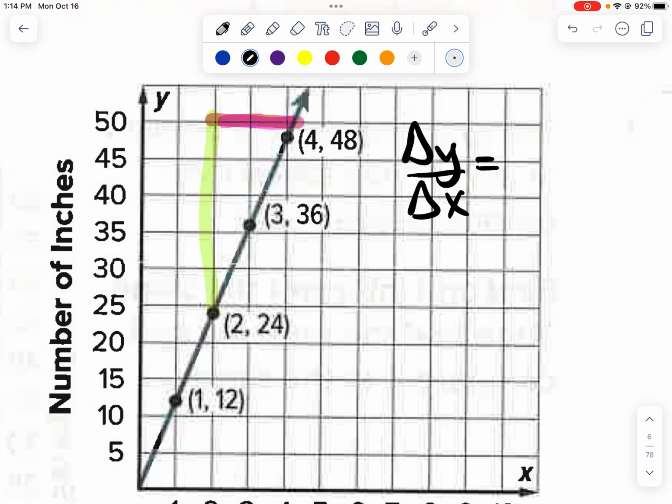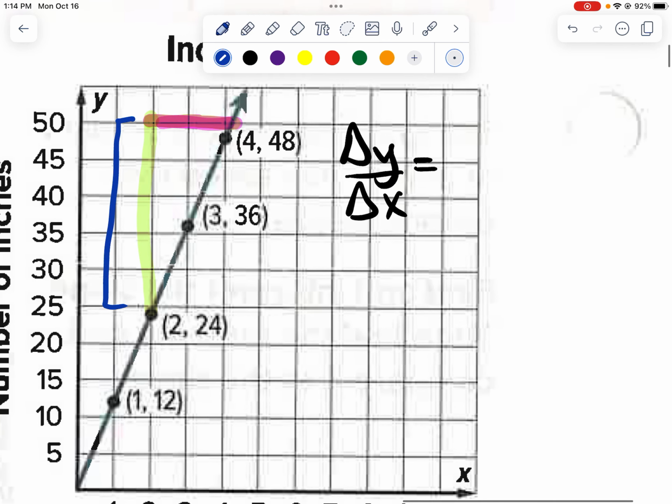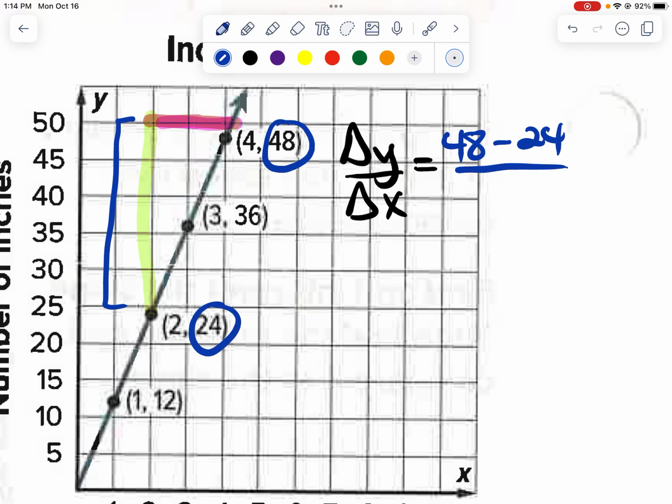Okay, so I'm still going to say, what do I go up by? How far is it from here up to here? So I'm going from 48 minus 24. Okay, I used these two numbers. Then for my x's, I'm going to use these two numbers. How far over do I go? 4 and 2.